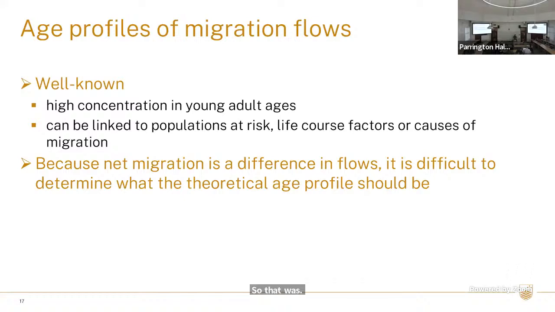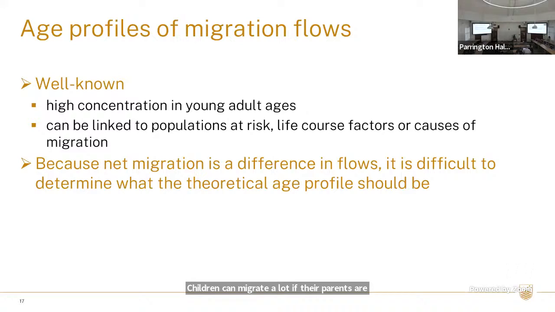The other thing, from my perspective, always looking at flows: one thing we do know is there are huge regularities in the age patterns of migration flows. Most people migrate when they're young adults. Very few people migrate when they're elderly. Children can migrate a lot if their parents are migrating, or not if their parents don't bring them.